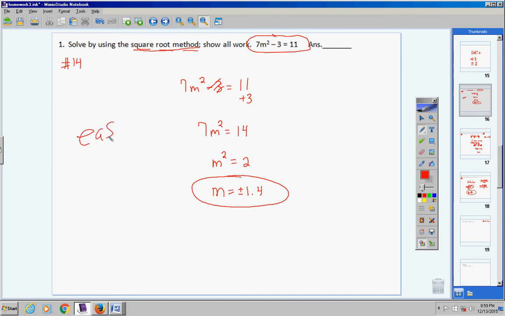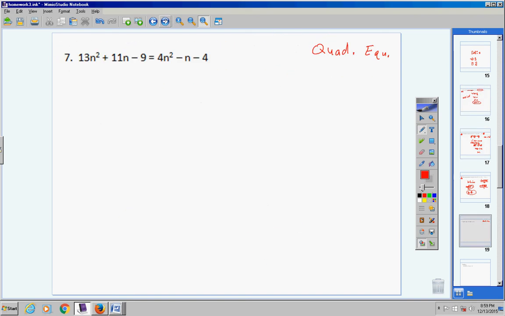It is by far the easiest method. But remember, you can only use this method if there's no m term, or in this case, no n term. And unfortunately, there is an n term here and here. So you cannot use the square root method, so you're left with the quadratic formula or complete the square.